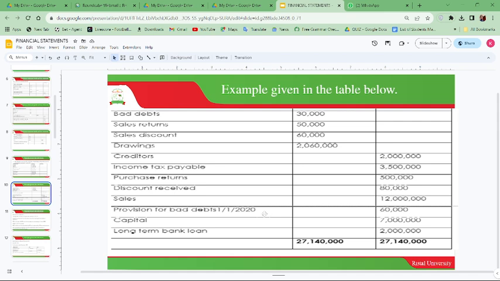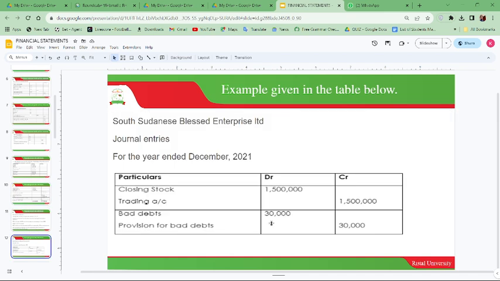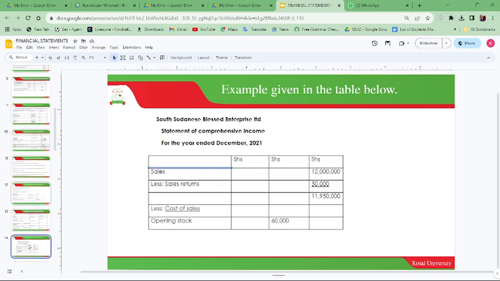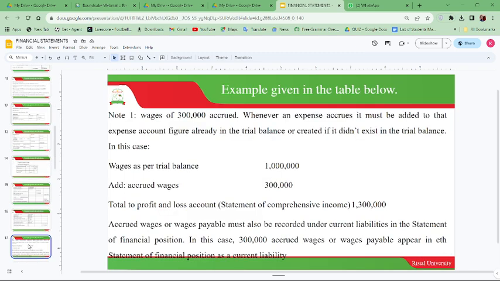Provision for bad debts, we have 60,000. Then the provision for bad debts is 30,000. So you come here and we look at how we have done the bad debts.